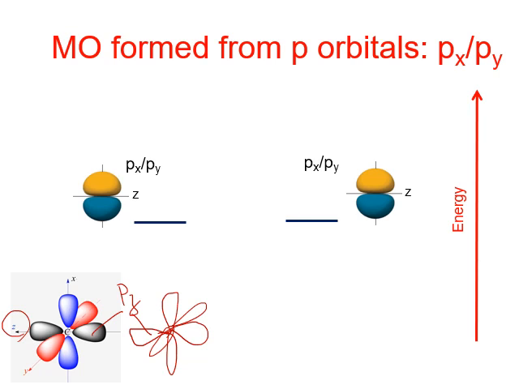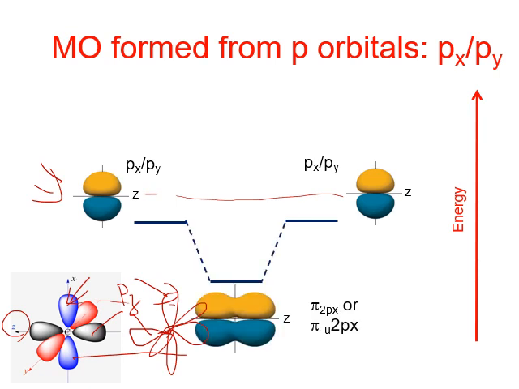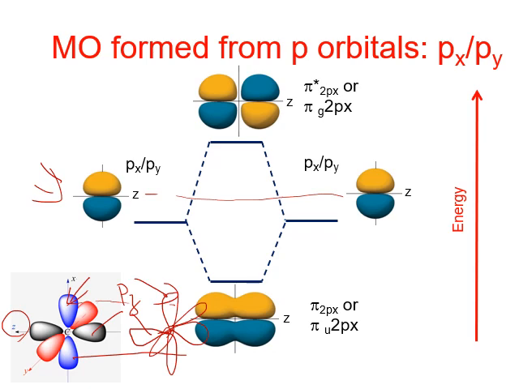What happens to the px? You see when the two atoms approach along this z direction, the px interaction is a shoulder-to-shoulder interaction. So here it shows the px orbitals approaching each other along the z direction, and when they have the same sign, this is the bonding molecular orbital, and this is the anti-bonding where they have different sign.